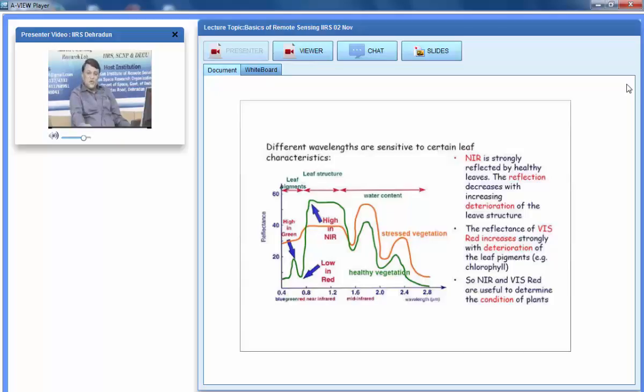Land surface wetness indices include the normalized difference water index and land surface wetness index. These all can be constructed because of the difference in the reflectance of the stressed and healthy vegetation. So using a combination of NIR, red, blue, green as well as SWIR wavelength, one can form different kinds of indices, and these indices can help you to detect any kind of stress, as well as act as a proxy for biomass, crop vigor or stress.